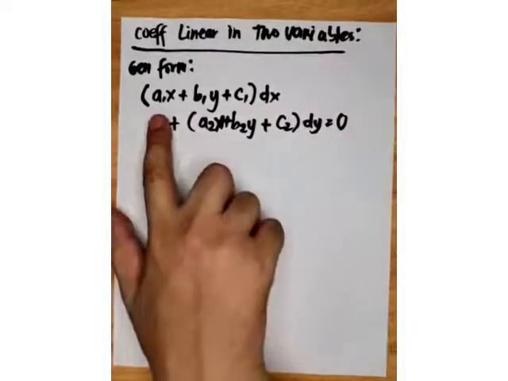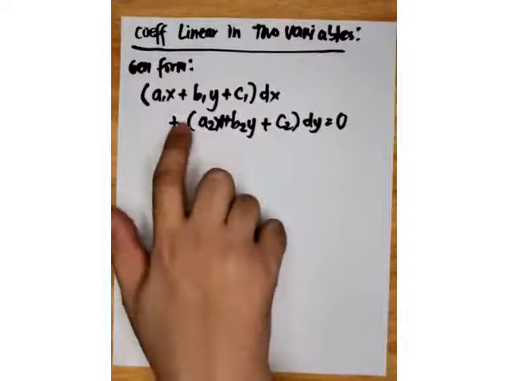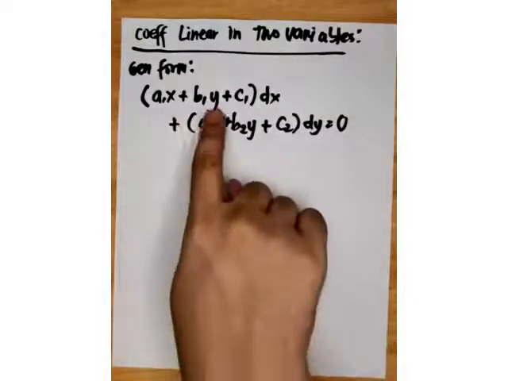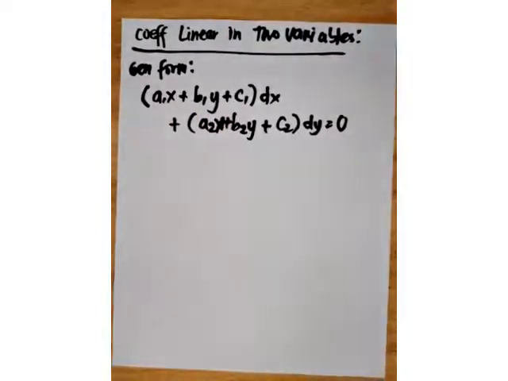The coefficients are A1, B1, C1, A2, B2, C2, and the variables are only linear, so the powers of x and y are only 1. If our differential equation is in this standard form, we can solve it using this method of substitution.